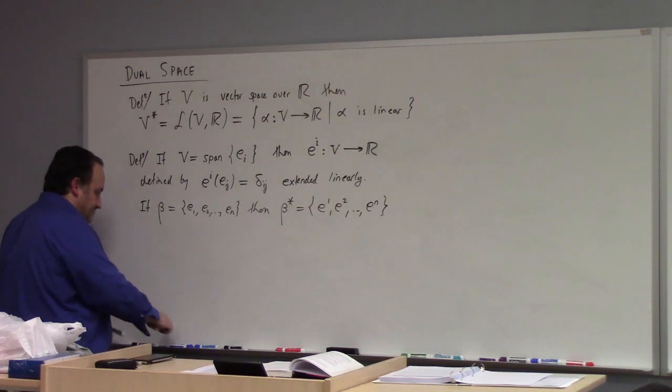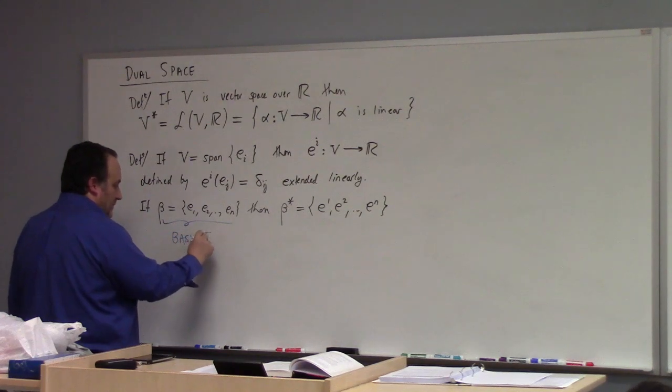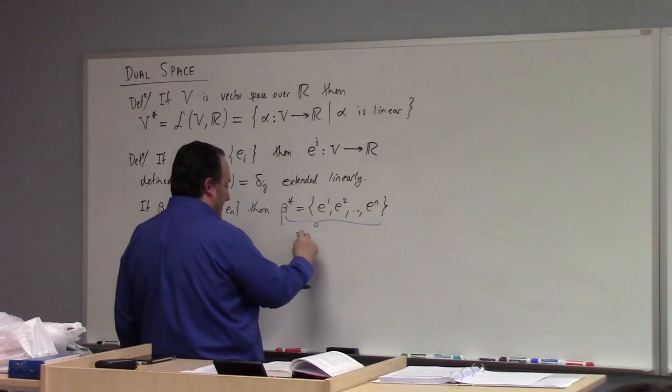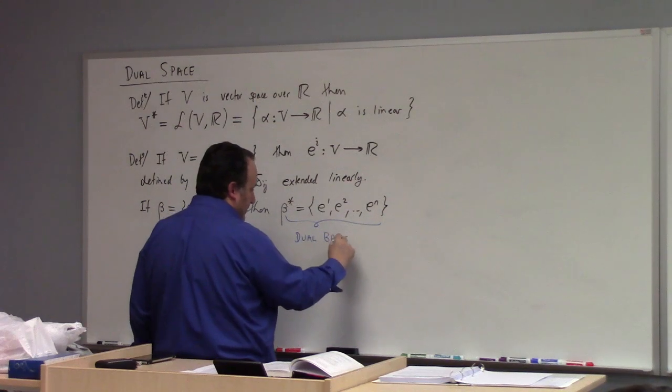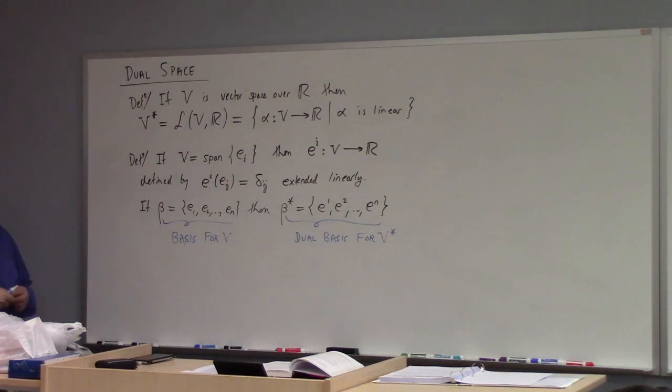So here we go: a basis for V over here, and the dual basis for V dual. The dual basis really are just the component functions for the coordinate maps of the beta basis. Let me see here, what should I prove? Let's look at how the formula works out for this notation.